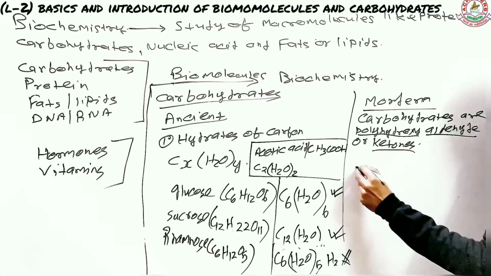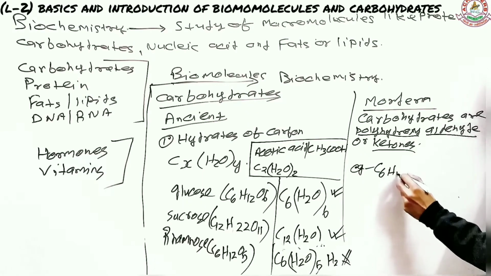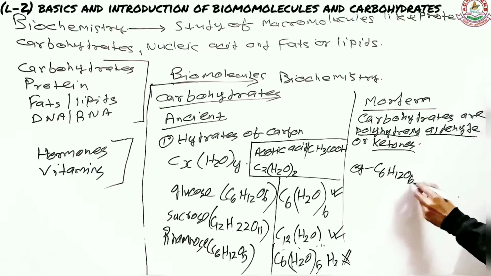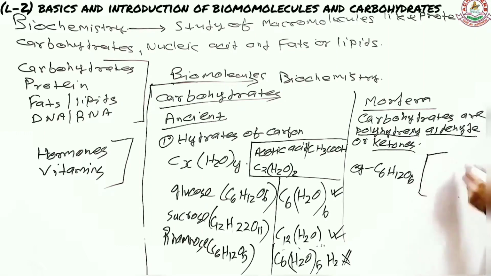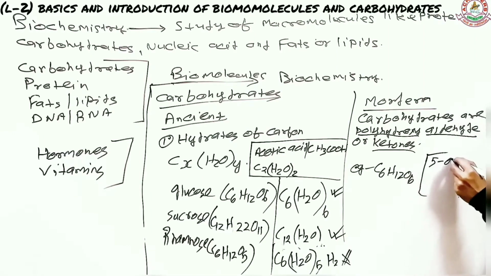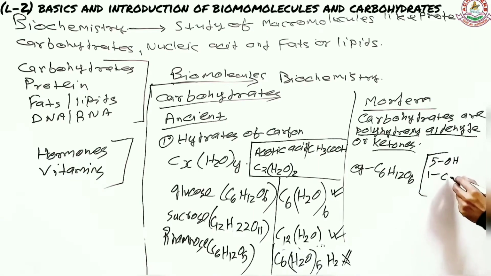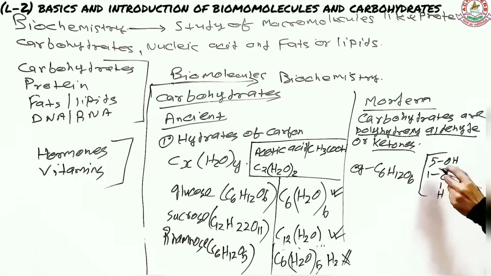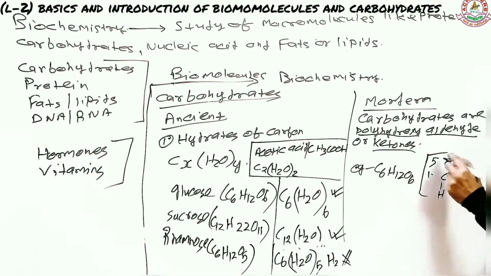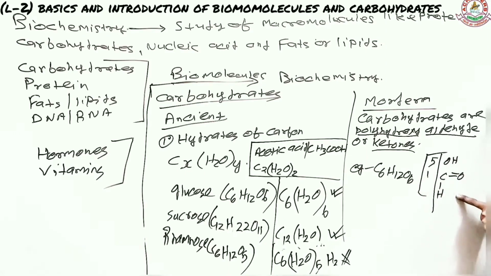Let's take glucose, C6H12O6. I will tell you in a coming lecture that it has 5 hydroxy groups and 1 aldehyde group.